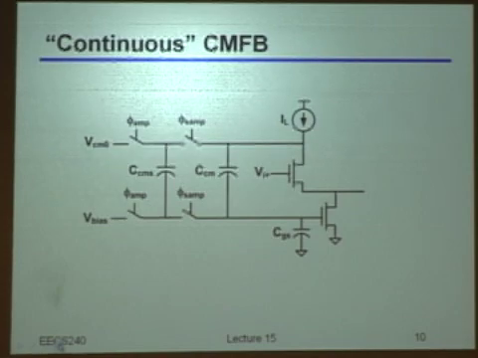So I basically added another phase. And by the way, I don't care anymore what this phi amp and phi samp are. These are just two phases there, and they just need to be non-overlapping phases. But the idea is, right now, we've drawn just half of the amplifier, just because otherwise the circuit becomes too big.